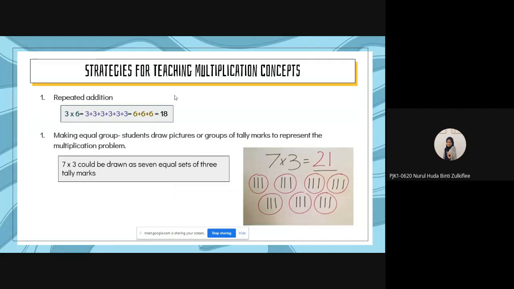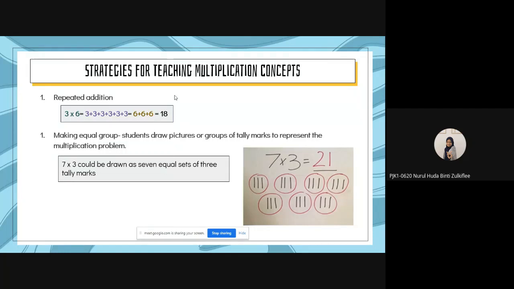And the second strategy is making equal groups. From this strategy, students can draw pictures or groups of tally marks to represent the multiplication problems. As we can see, for example, 7 multiplied by 3 could be drawn as 7 equal sets of 3 tally marks. So the student will draw this representation and then count each circle to determine the product.